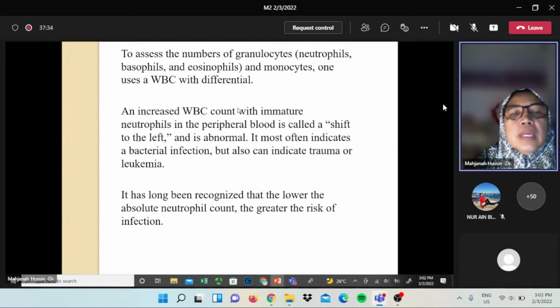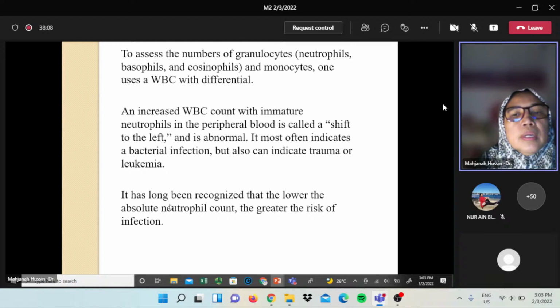If you have immature neutrophils in WBC, your peripheral blood will be called a shift to the left, which is abnormal because it's all immature, or still young. Most often, with this kind of diagnosis, it could be a bacterial infection. It could also be an indication of trauma, or leukemia.